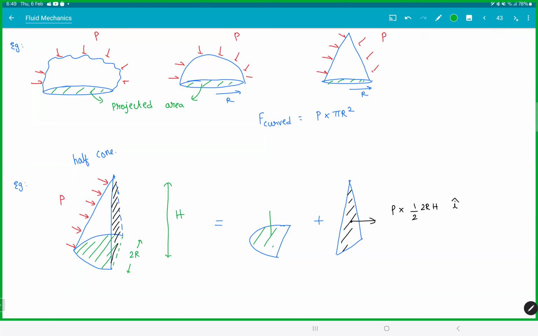So the force will be P into R into H i cap minus P into pi R square by 2 j cap. Is that making sense, everyone? Because if you look at this force here, it is at an angle, right? It will have i cap and j cap components. There are two components for it. All clear with these projections?